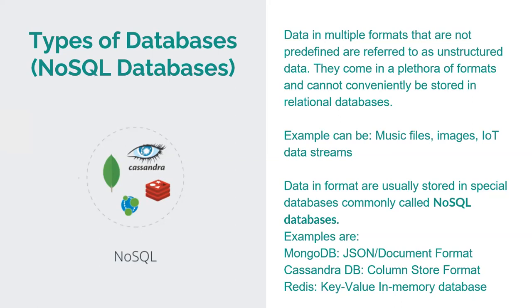So these databases are not stored on a disk; they are stored in the memory of the server. In this case, they are used for caching. It's easier and faster to retrieve the value from the memory of the server.